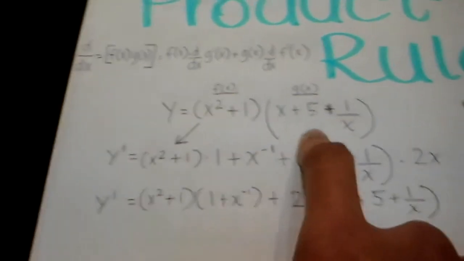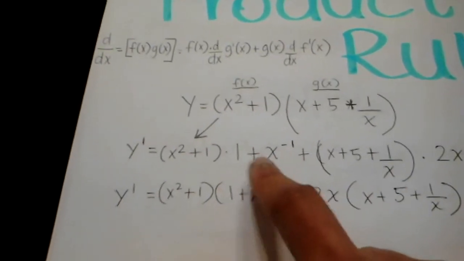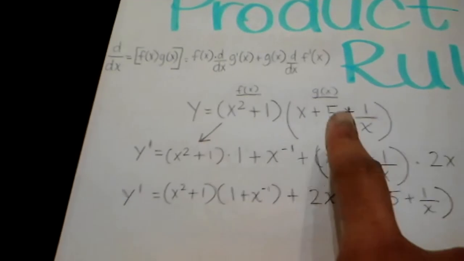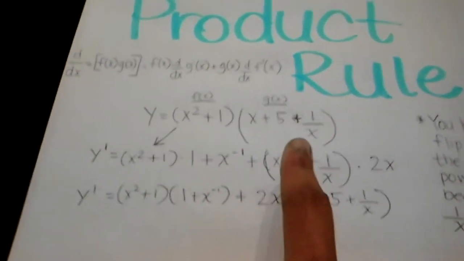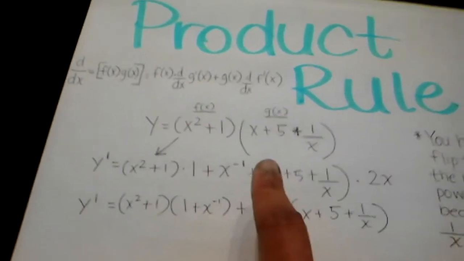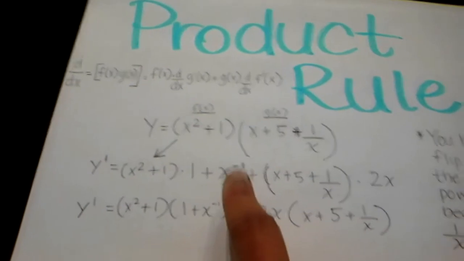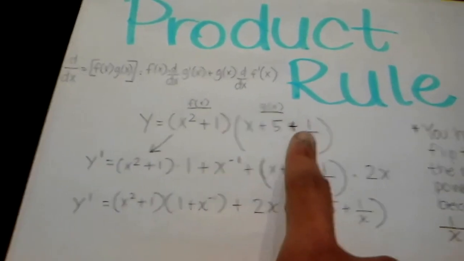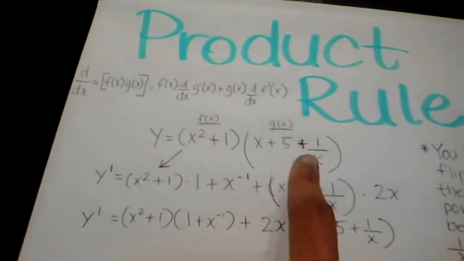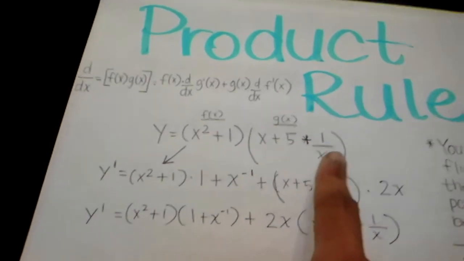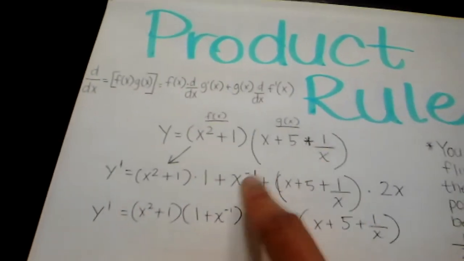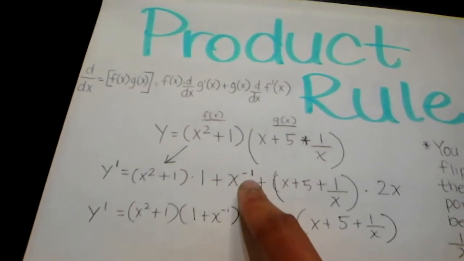The derivative of x is 1. The derivative of 5 is 0. You don't have to add the 0. For the derivative of 1 over x, you have to flip the denominator and put it in the numerator, which changes x to the 1 power in the denominator to x to the negative 1 power.